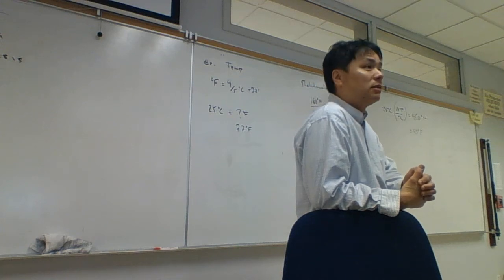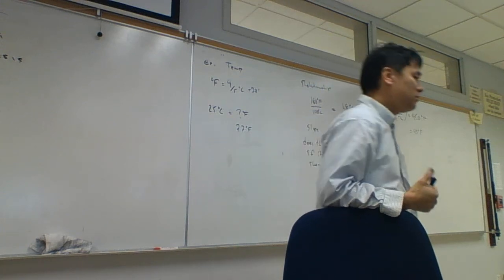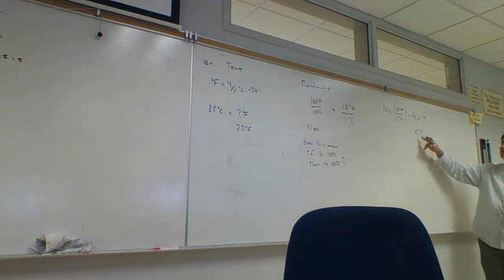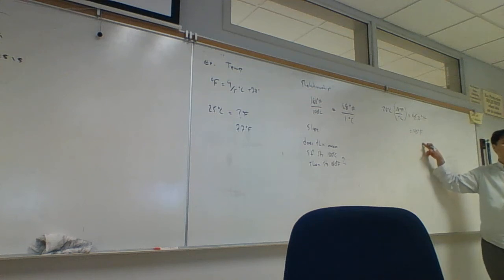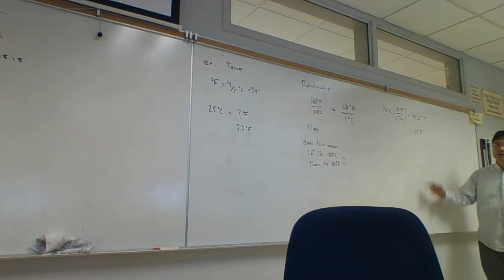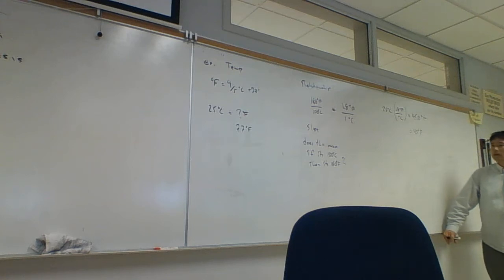It depends. It depends on what I'm talking about. This is the right answer if I'm looking for something. In other words, if I'm looking for the absolute temperature, you know, what is the temperature, then this is the wrong answer because I'm missing the 32. But if I'm looking for something else, then this is correct.